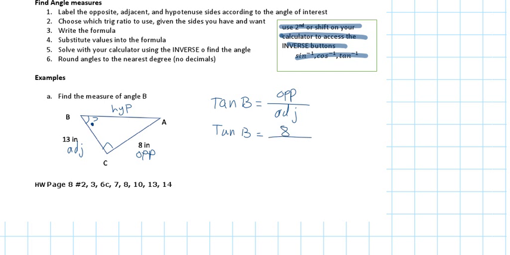So this is where, because I'm looking for an angle, I have to do the inverse. And tan inverse of 8 over 13 gives me 31.6 because this is an angle, so it has to be to the nearest degree.